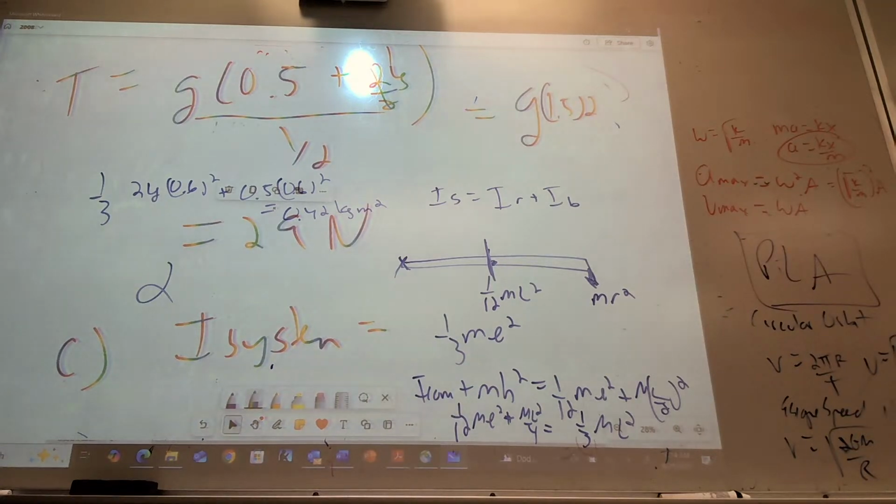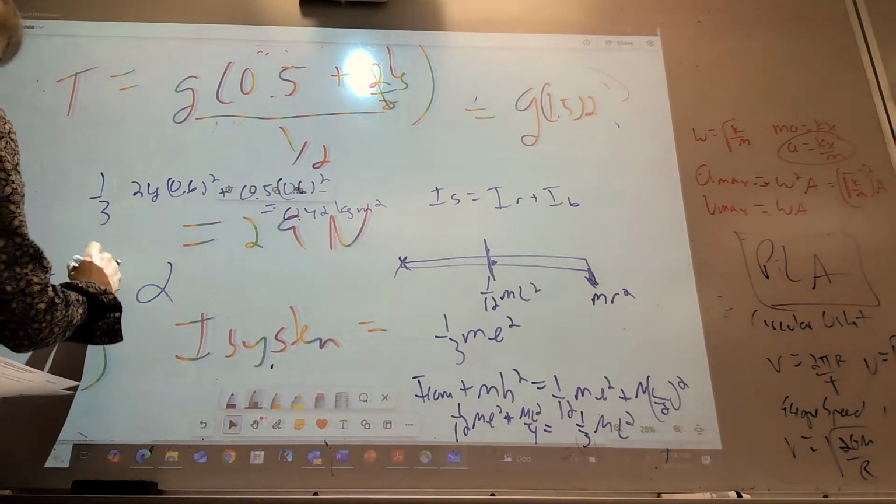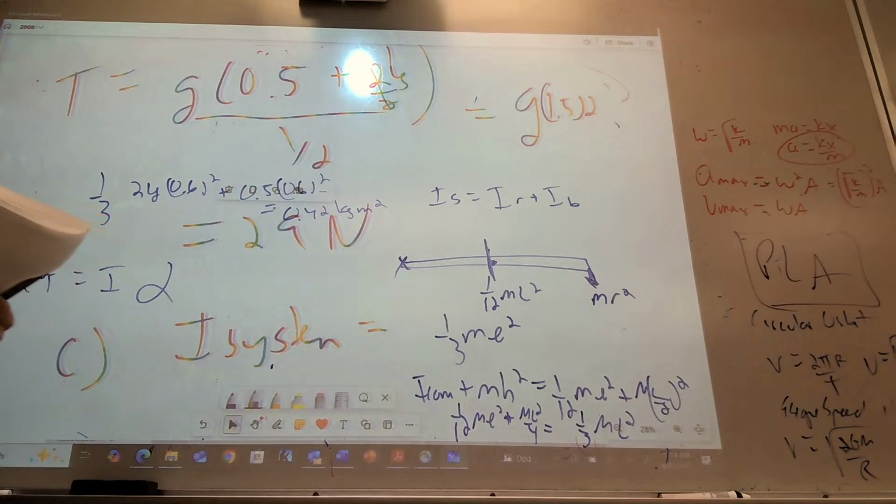They're asking us about alpha. We've done I. For writing your sigma torque is equal to I times alpha, you got a point. We worked with I, we wrote our torque equation. You can just guess where this is going.